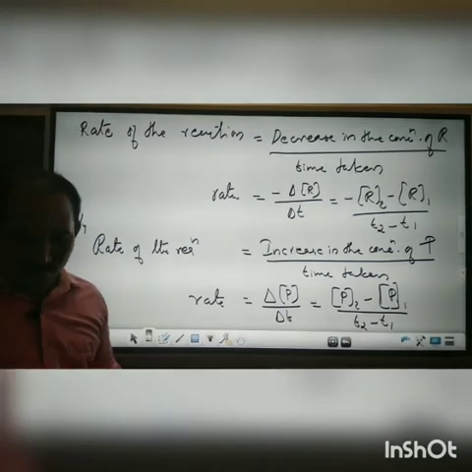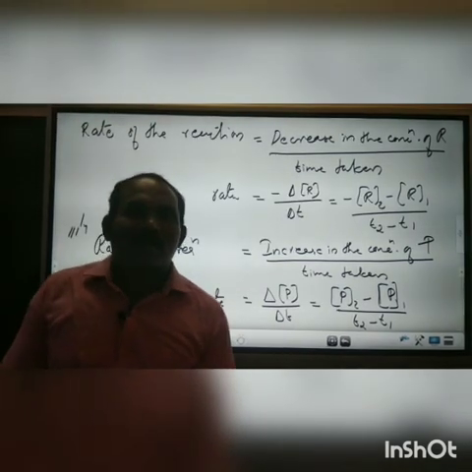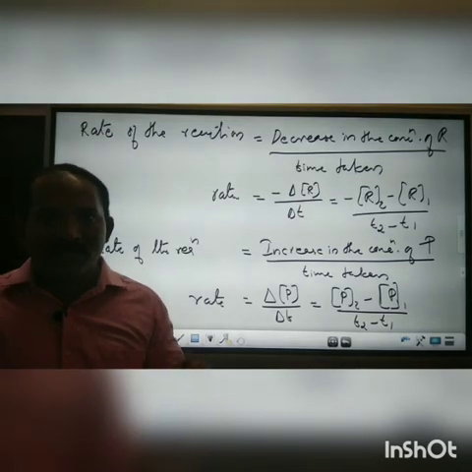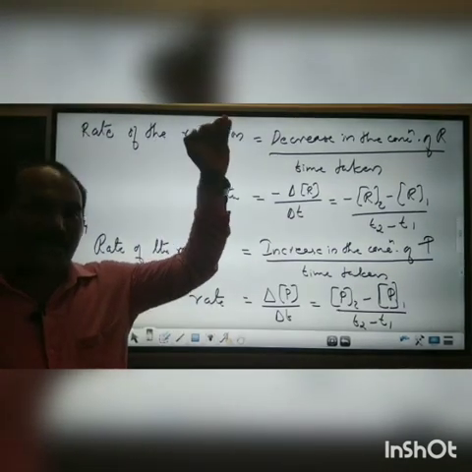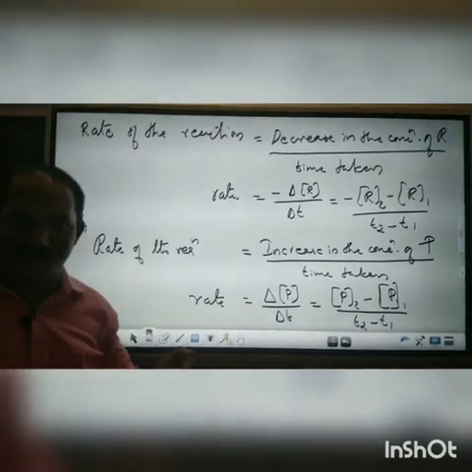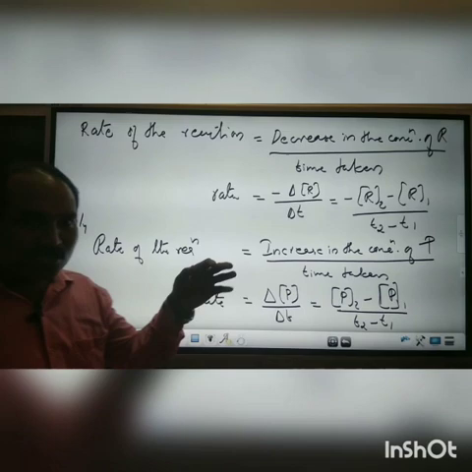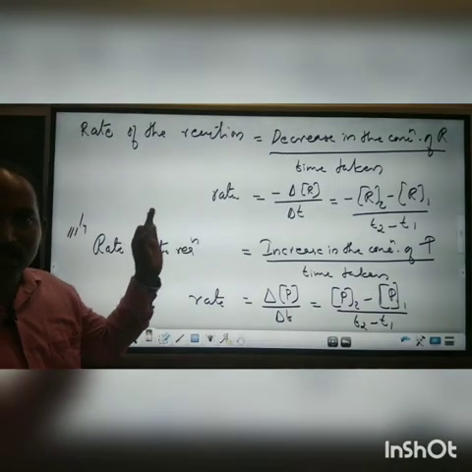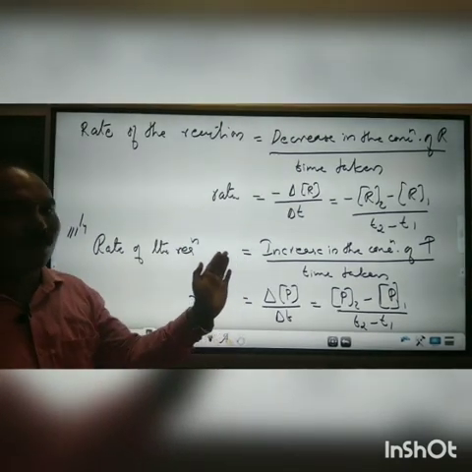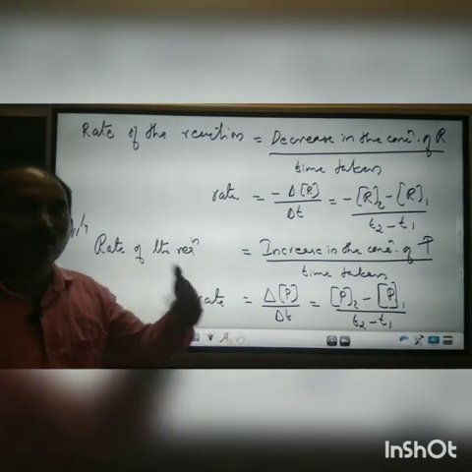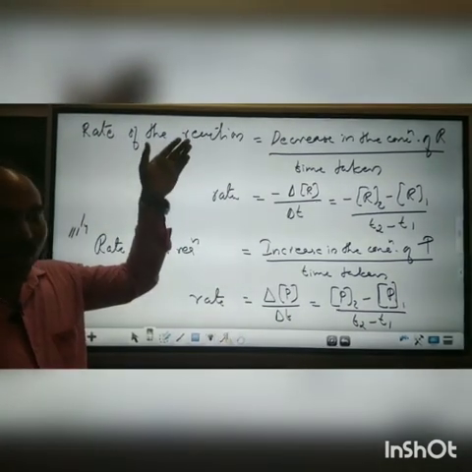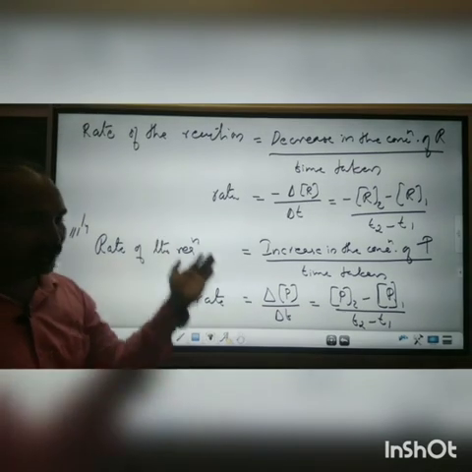As we know, initially the concentration of reactant is high. On passage of time, the concentration of reactant decreases. Very clear? Initially, the concentration of the reactant in the reaction is higher. സമയം പോകുന്തോറും reactants-ന്റെ amount കുറഞ്ഞു വരുന്നു. So initially the concentration of the reactant is higher, then it decreases.